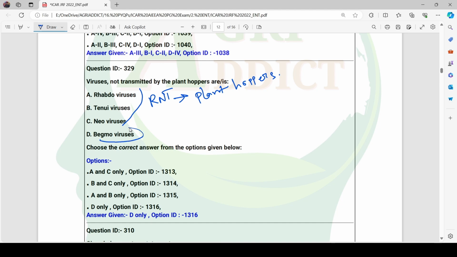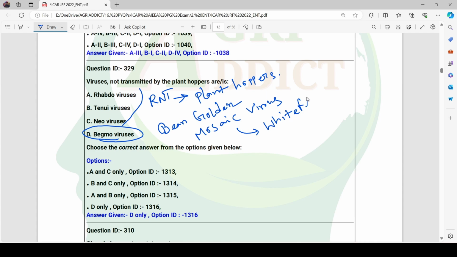Only the begomovirus or the bean golden mosaic virus is transmitted by whitefly. Okay, so begomovirus is not transmitted by plant hopper is the correct answer. That is option D only.